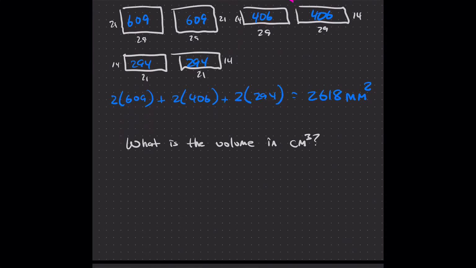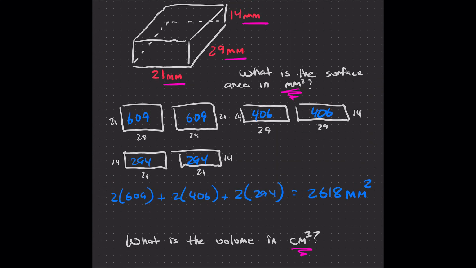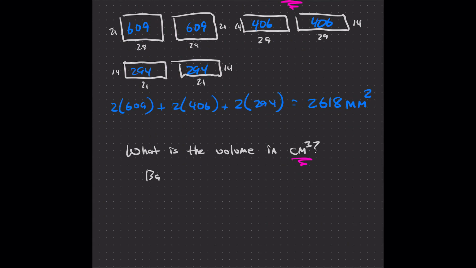Okay, and now what about the volume of this shape? Right away you should see that they're asking for the answer in centimeters cubed, and like we already indicated, they're in millimeters. So I'm going to need to do some unit conversions first. Remember that volume is just base times the height.